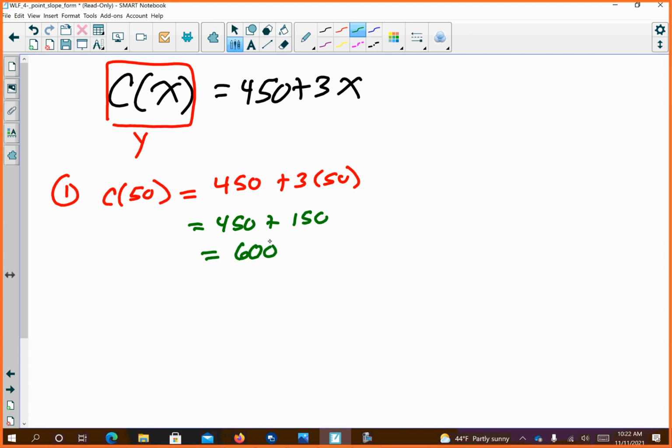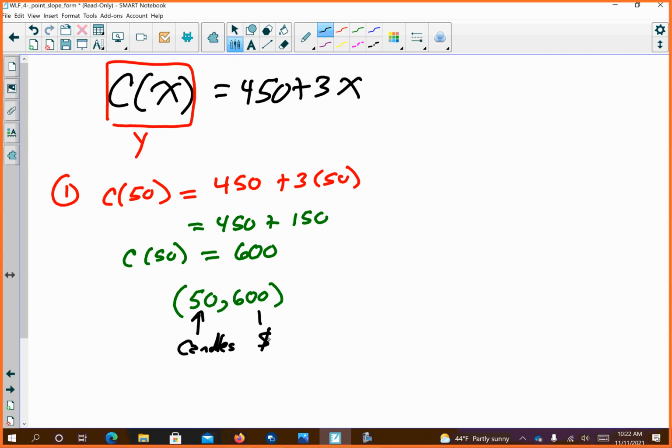Now remember I said that by writing this, this results in a point. So I want you to think about what this point means. These are candles, and this is cost. So what does this mean in the context?